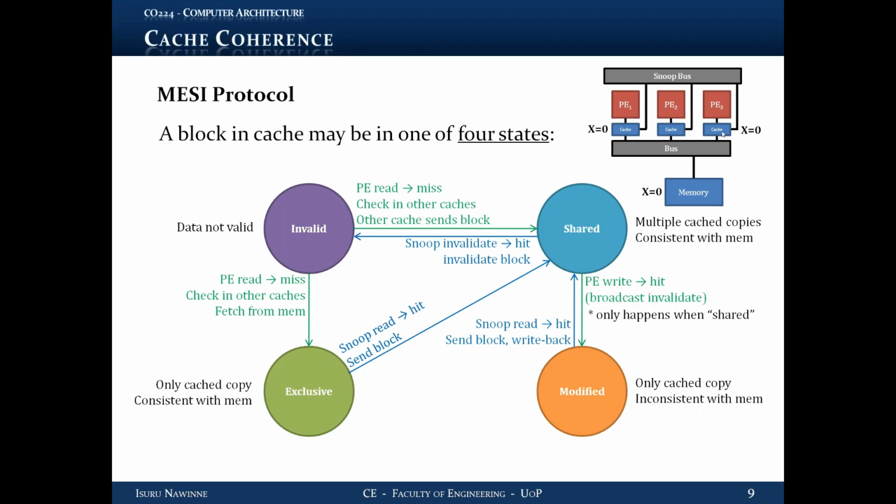That means I have the most up-to-date value. Memory doesn't have the most up-to-date value. So what this cache controller does is supply the up-to-date data through the snoop bus to cache 1, and then change the state from modified to shared, because another cache is going to have the same copy now.